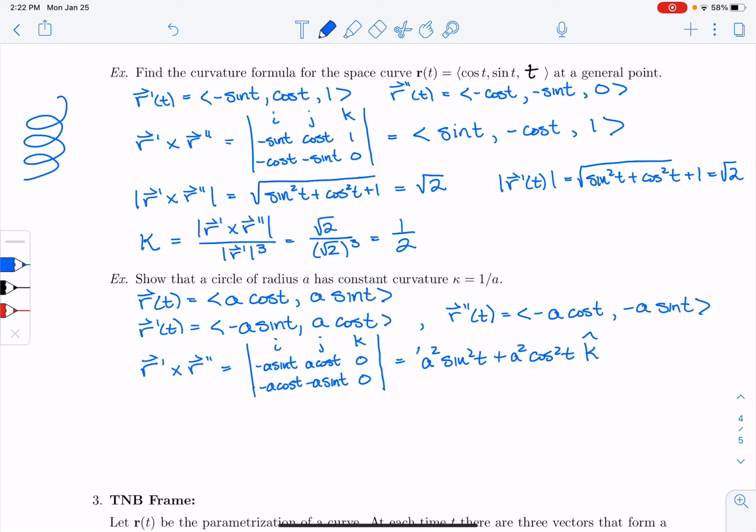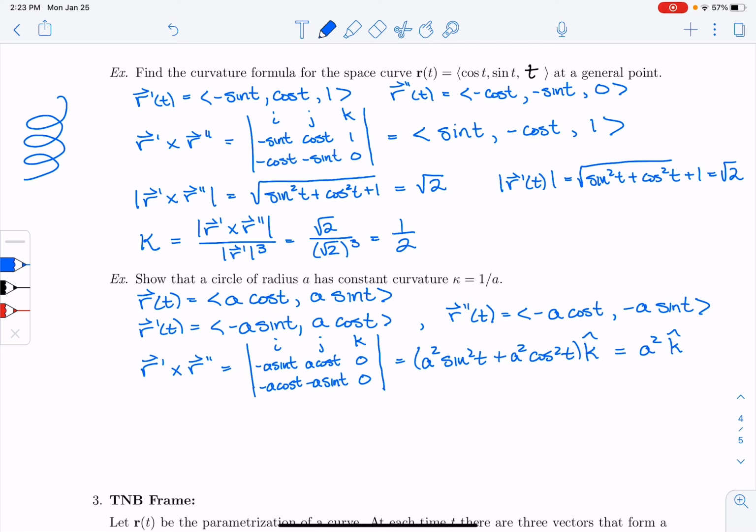And so a squared sine squared plus a squared cosine squared is going to give us a squared in the k hat direction. It makes sense that this cross product is only going to be in the k hat or upward z direction because our circle we're going to think about as being in the xy plane. And so that means that when we take the cross product, it should only be pointing up.